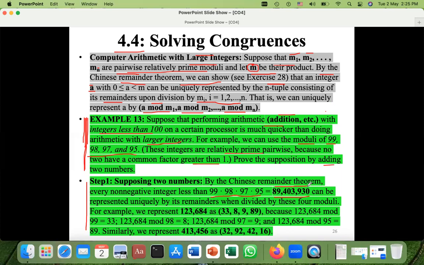Now you can use integers less than this for performing arithmetic operations on them. This is the limit that we get after multiplying m1 with m2 with m3 and m4.